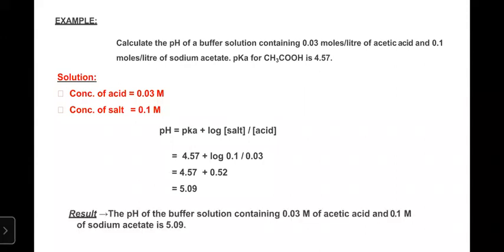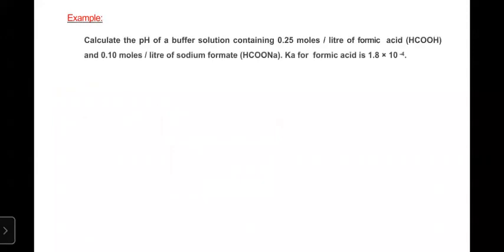Just take this problem. Calculate the pH of a buffer solution containing 0.25 moles per liter of formic acid and 0.10 moles per liter of sodium formate. Here only Ka is given. Ka for formic acid is 1.8 × 10 to the power of -4.